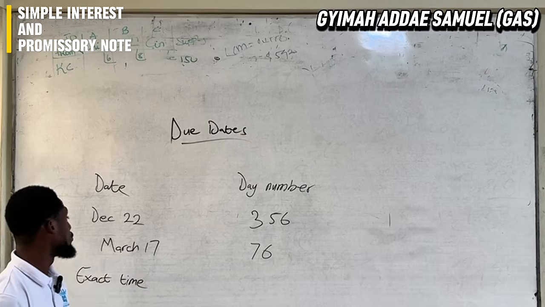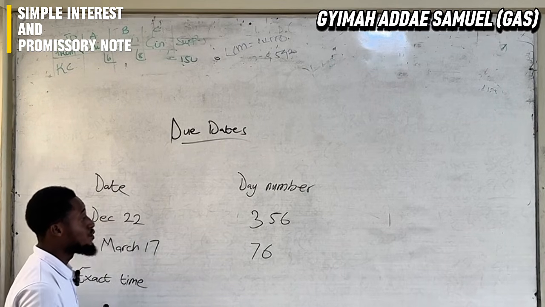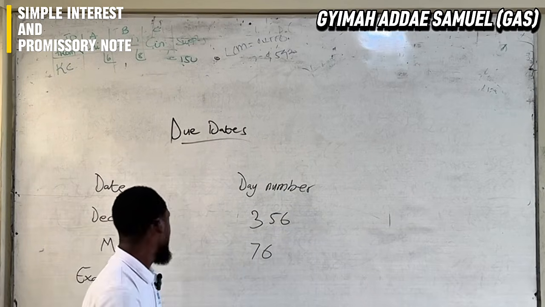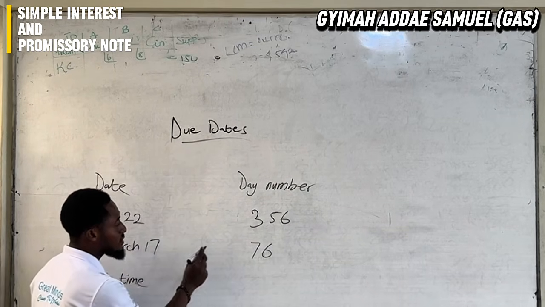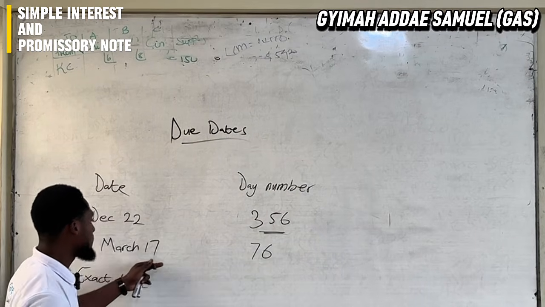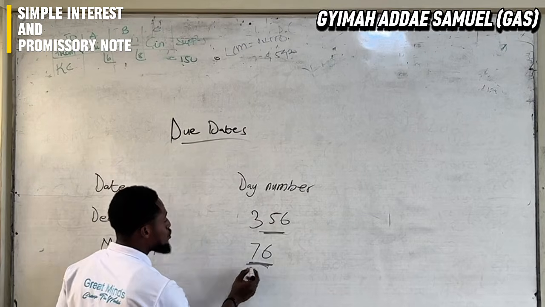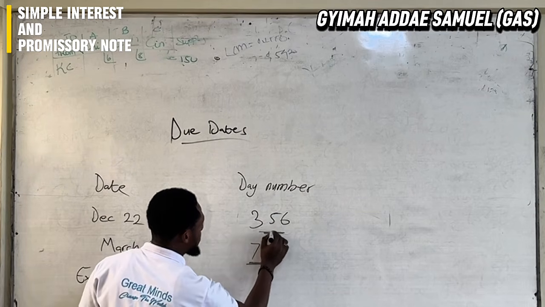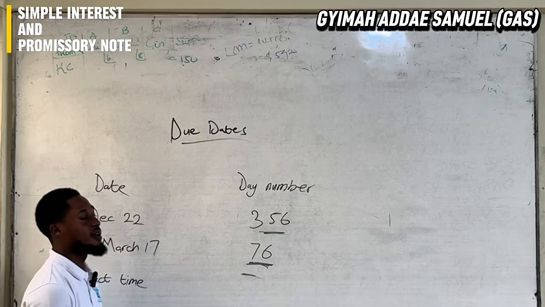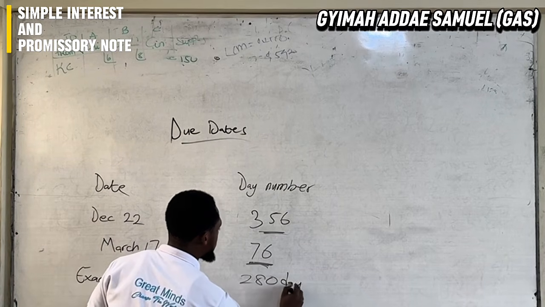December 22nd was given to us, and you have to note the day it falls in that year. We know that December 22nd falls under the 356th day, and March 17th falls under the 76th day. So you subtract the 76 from the 356, and you are getting 280 days.